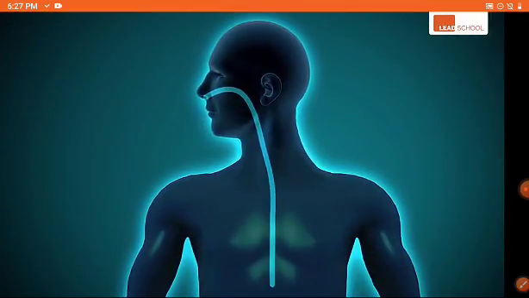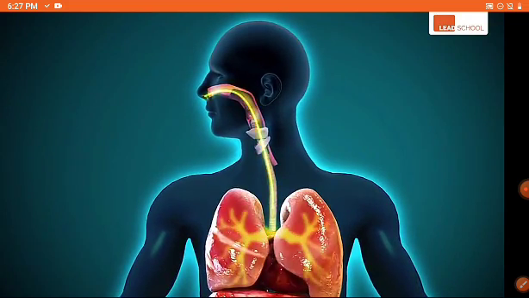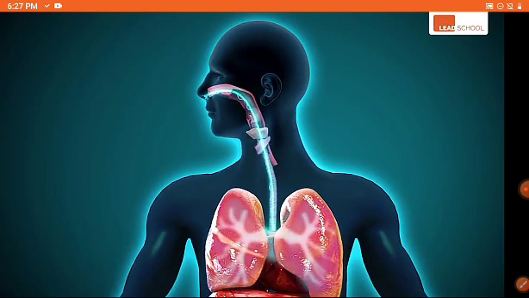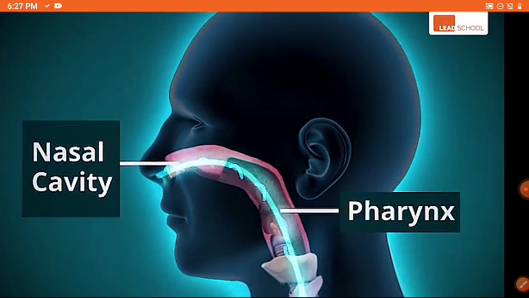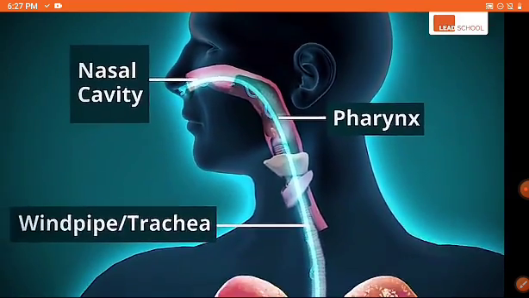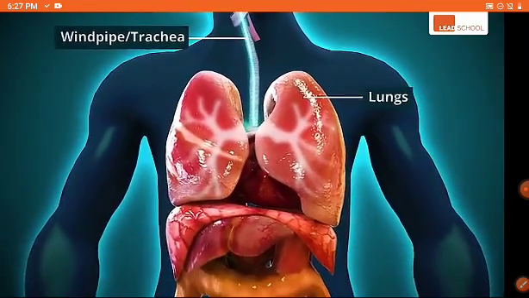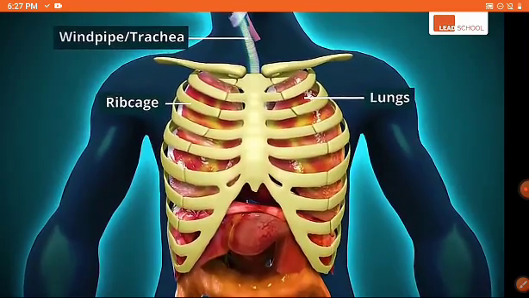When we breathe, different parts of the respiratory system are involved. When we inhale, air passes through our nostrils and into the nasal cavity. From the nasal cavity, the air passes through the pharynx and reaches our lungs via the windpipe, which is also called the trachea. The lungs, which are present in the chest cavity, are protected by the ribs or rib cage.